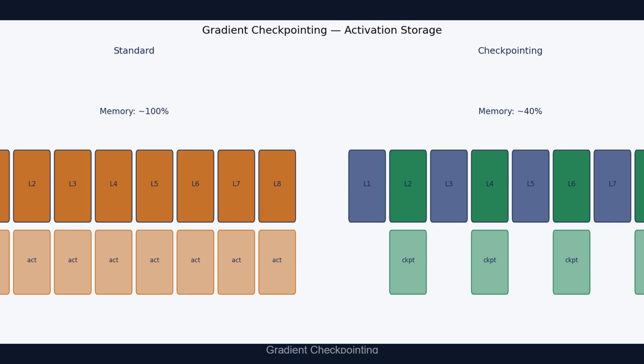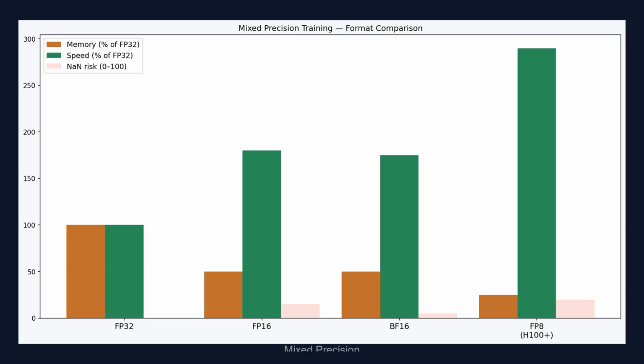a smaller speed penalty. This comparison puts the precision format trade-offs in visual terms. FP32 anchors the left, maximum memory, baseline speed, no NaN risk. FP16 and BF16 both cut memory in half and deliver substantial speed improvements, but their NaN risk profiles differ.